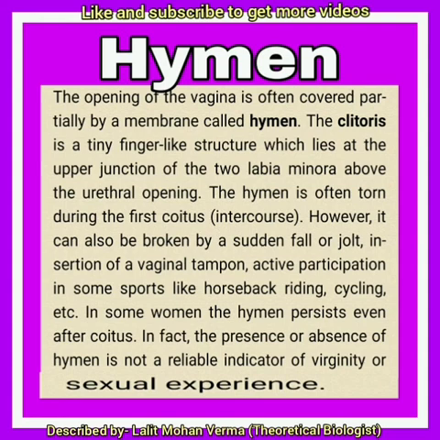It is homologous to penis. And hymen, the opening of the vagina, is often covered partially by a membrane called hymen. It is not the indicator of sexual experience. It must be kept in mind.